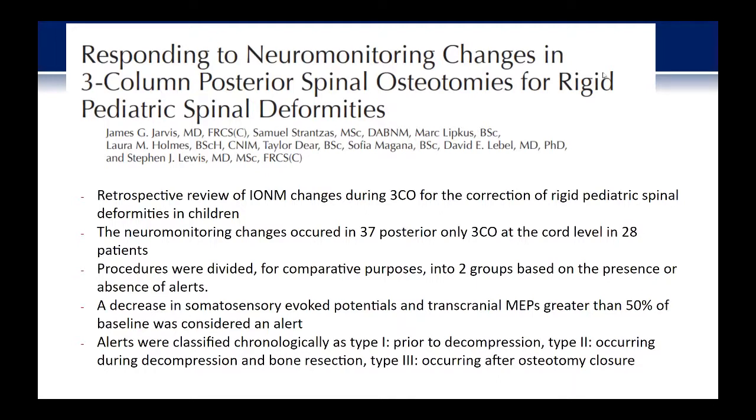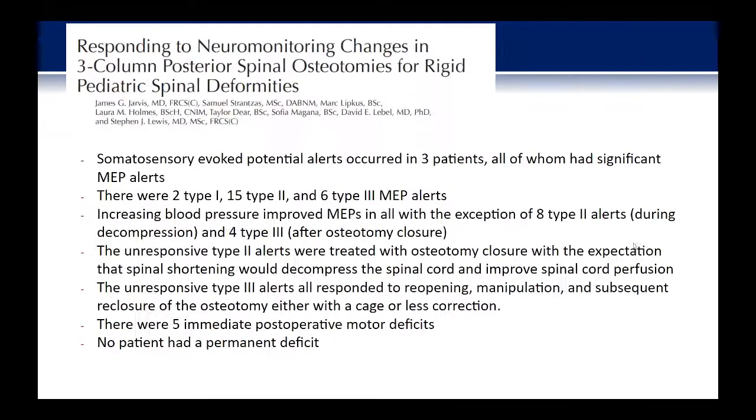They divided them for comparative purposes into 2 groups based on the presence or absence of alerts, and a decrease in SSEPs and MEPs greater than 50% was considered an alert, which is pretty standard. Alerts in this paper were classified chronologically as type 1, type 2, or type 3. These types were basically prior to decompression, during decompression and bony resection, or at the time of osteotomy closure.